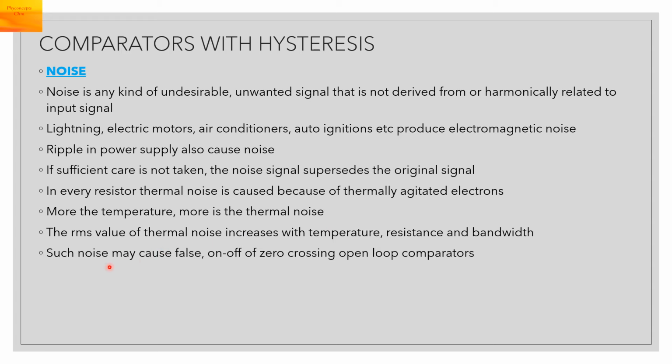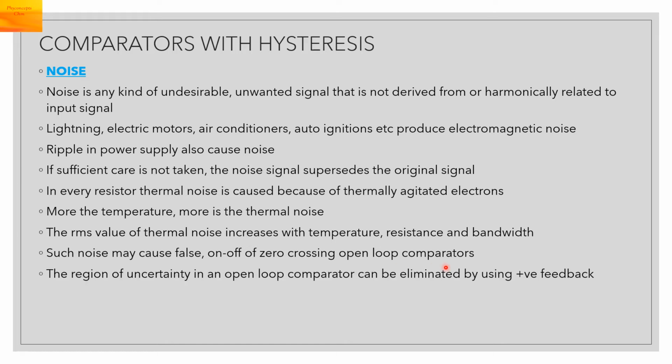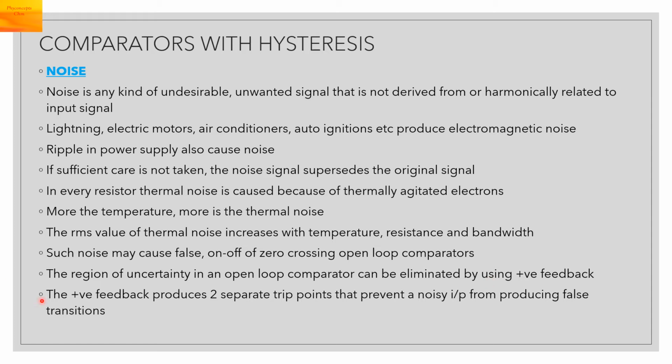So such noise may cause false on-off transitions of zero crossing open loop comparators. So this region of uncertainty in an open loop comparator can be eliminated by using positive feedback. The positive feedback produces two separate trip points that prevent a noisy input from producing false transitions.